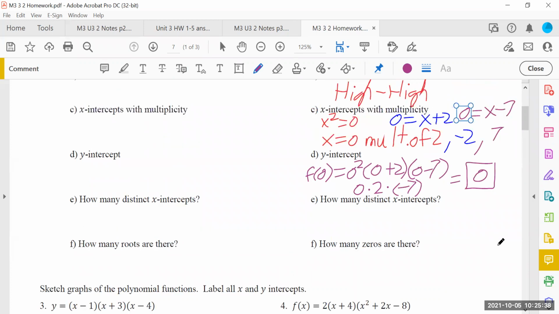If I look here, I listed 3 x-intercepts, 0, -2, and 7. That's 3 distinct. Distinct means unique. Okay, not duplicated. So 0, -2, and 7 are my distinct x-intercepts. When they ask for zeros or roots, count the duplicates. So while there were 3 distinct x-intercepts, there are 4 zeros. All right, I want you all to try number 1 right now.